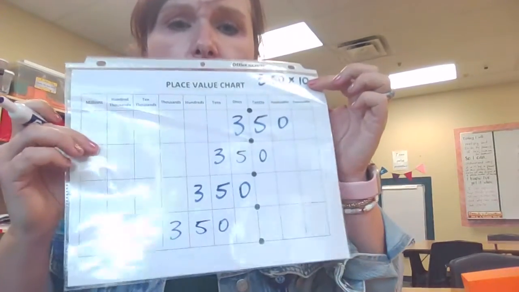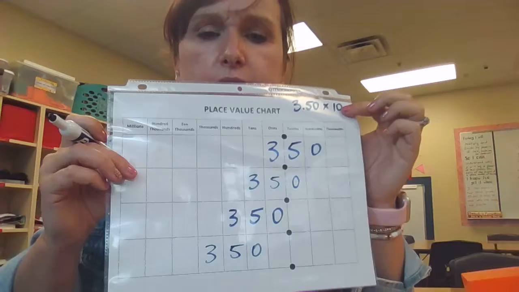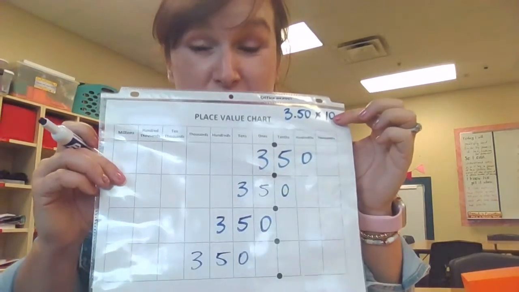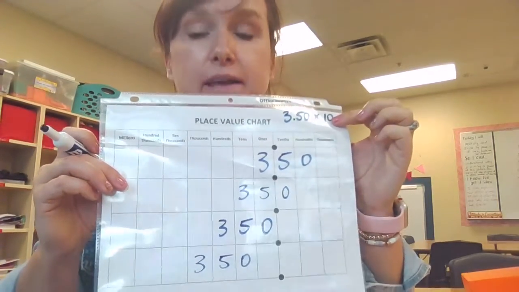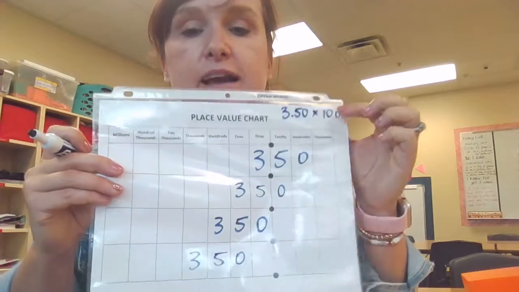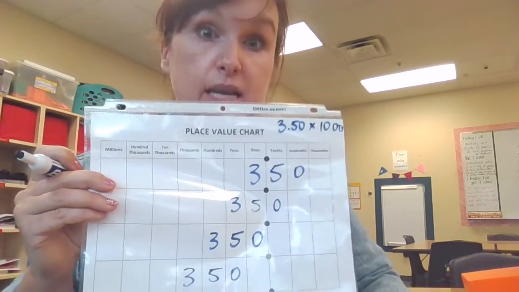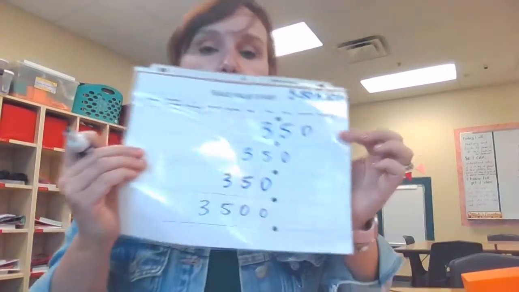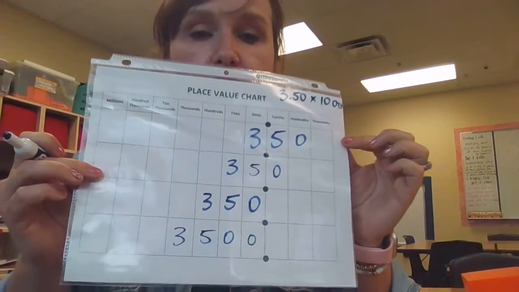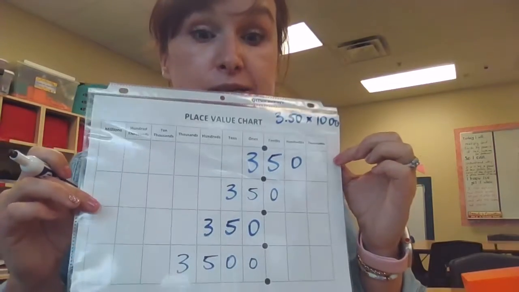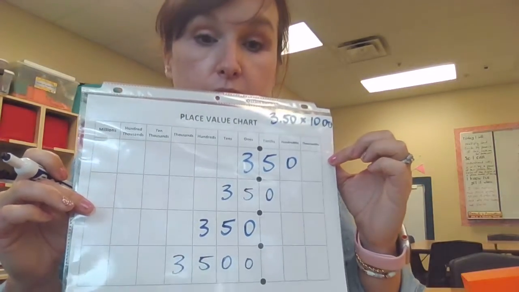So let me do that. Okay, so now I have a number that looks kind of weird because it really just looks like 350 with a kind of a hole in the end. So I've got to fill that in, and I'm going to do it with a 0. It's going to be my placeholder. $3,500. Yeah, I will take that. That is a party. All right.